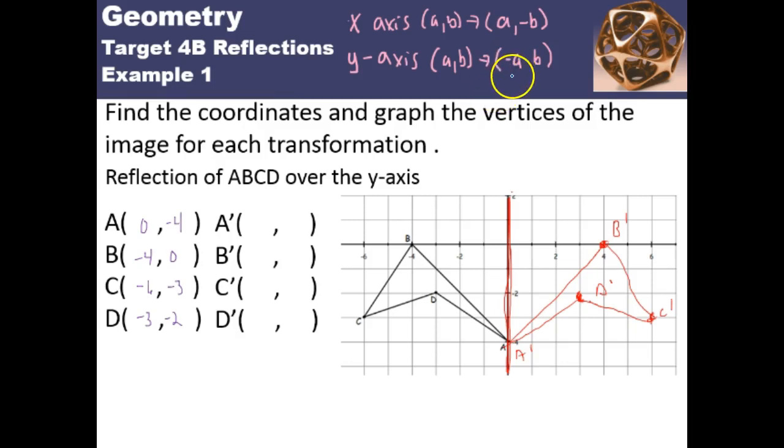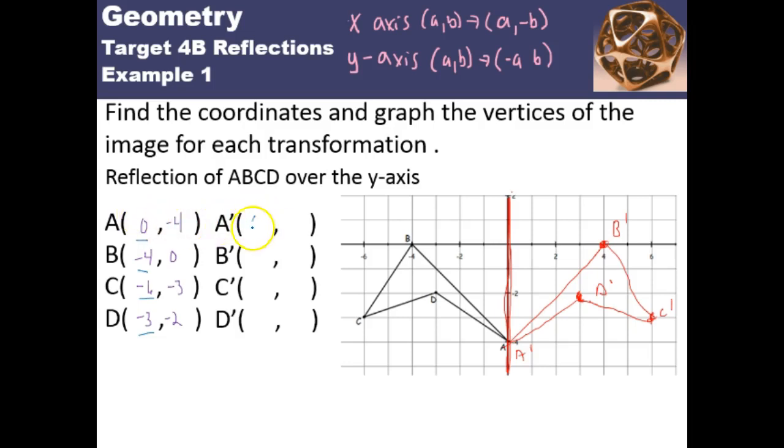So it looks like we're just going to change all of the x-coordinates, because those are the first coordinates, to the opposite of what it was. So if I go over here and underline them, I'm just going to change those signs. So you can't change the sign of 0. The sign of 0 is always nothing. It's neither negative nor positive.